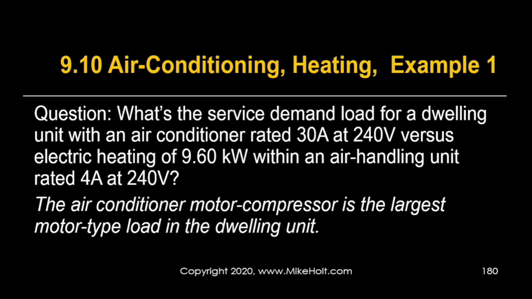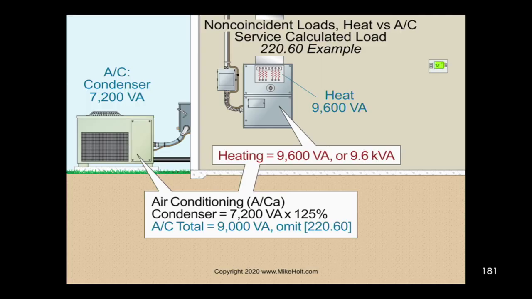And then we take a look at our 30 amps, 240 volts. 30 times 240 is going to give me 7,200. But that 7,200, since it's the largest motor, we're going to do it at 125%. So we're going to take our 9,000 volt amps and compare that to our 9,600. Which one's bigger? The 9,600. We're going to use the heat. Okay?